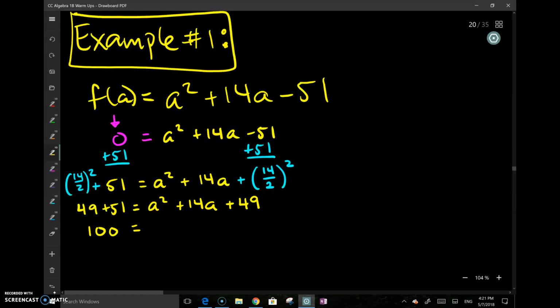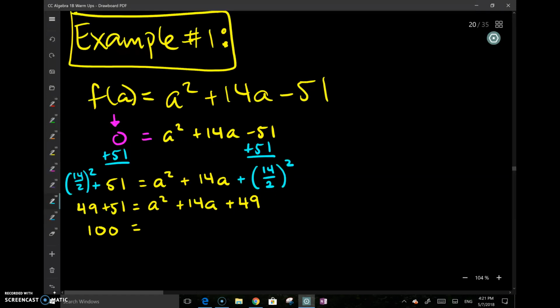And this is now going to be factored. So my trinomial, which is over here, would be factored into the following. This will become a plus 7 times a plus 7. Now, there's no point in writing two of the same things.